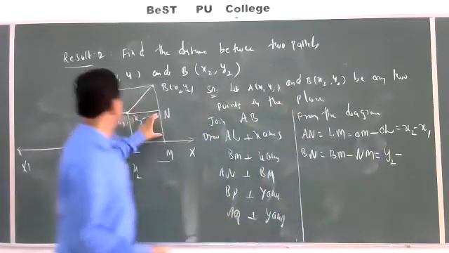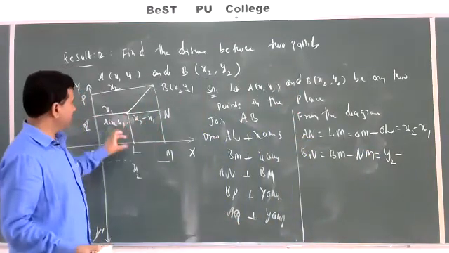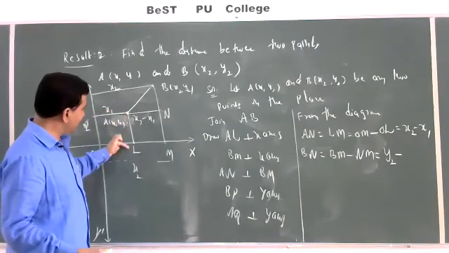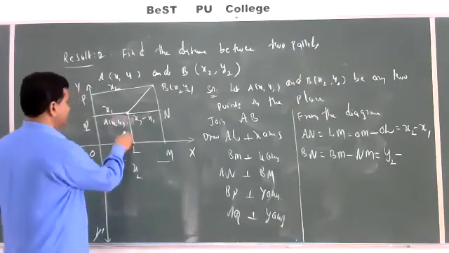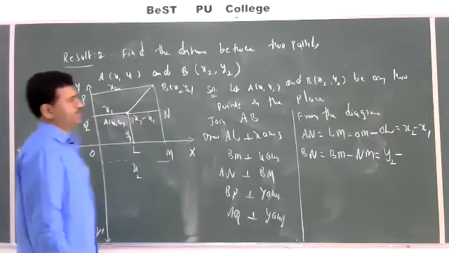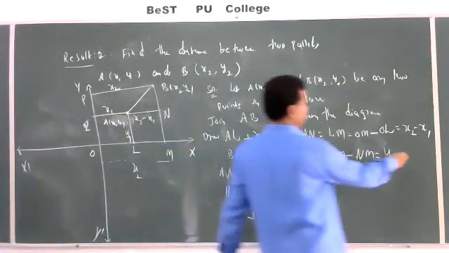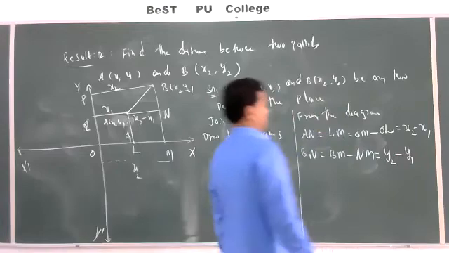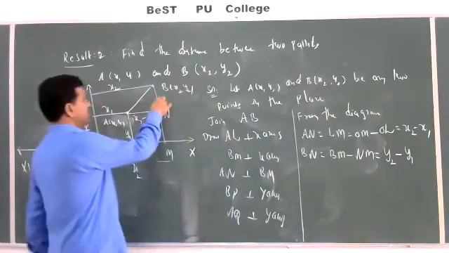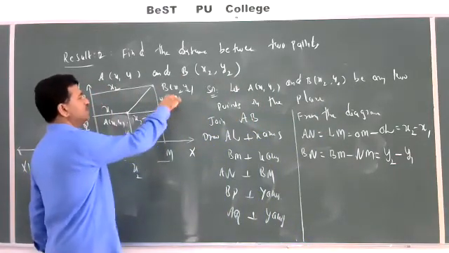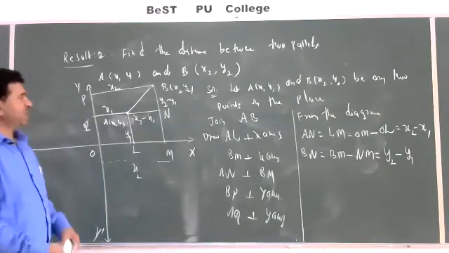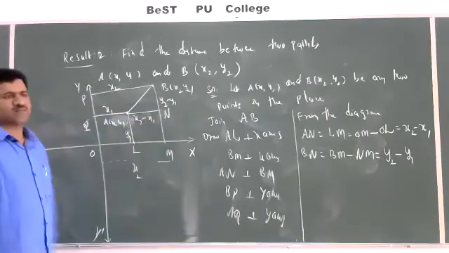So the NM is equal to the perpendicular distance of the point from the x-axis. This is nothing but y2 minus y1. Here in the diagram also we are denoting it: y2 minus y1. Explanation and the descriptive part is completed.